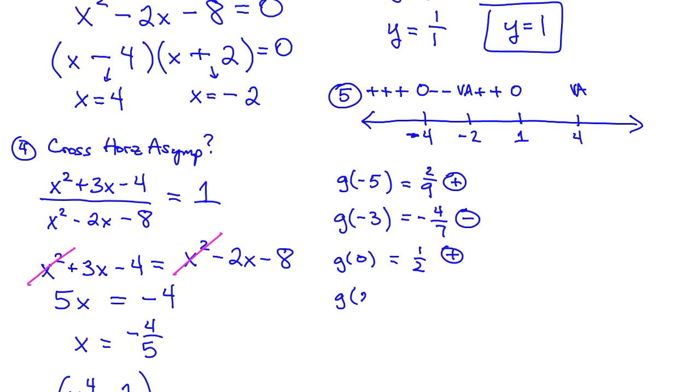g of 2 is negative 3/4, and it's negative. And g of 5 is 36/7, and it's positive.